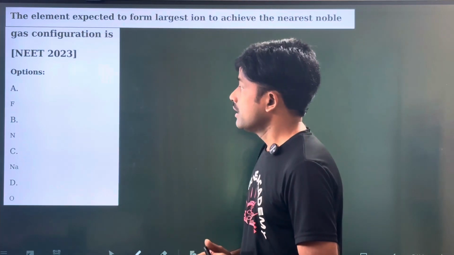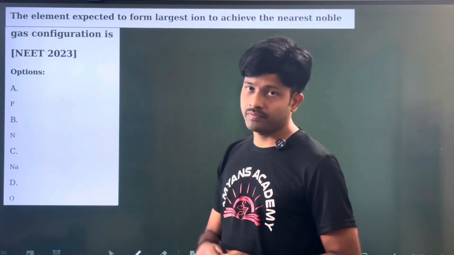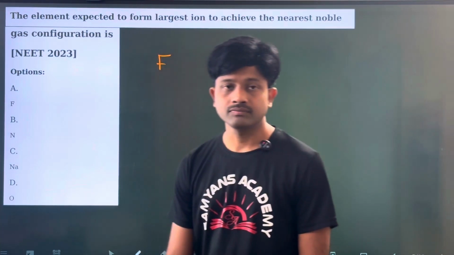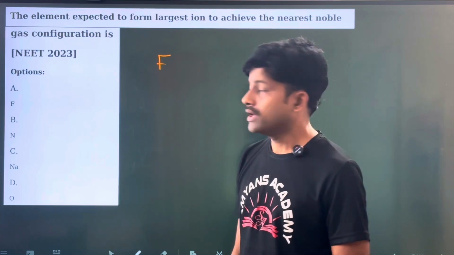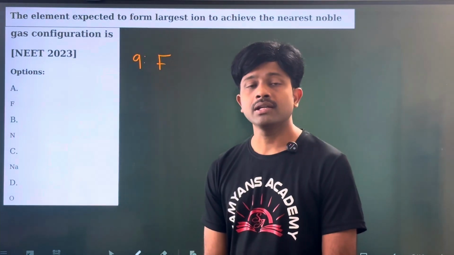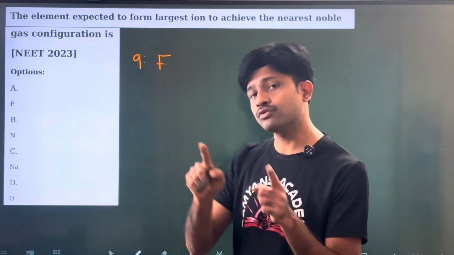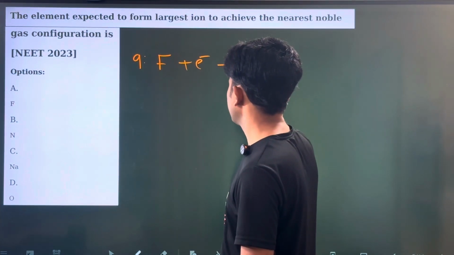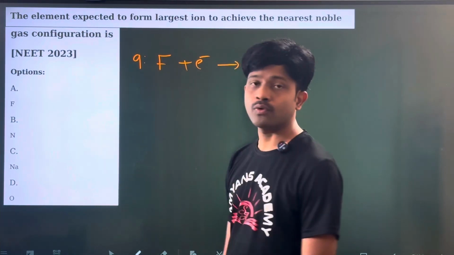To get the noble gas configuration, fluorine's nearest noble gas is neon. Fluorine's atomic number is 9. To get the neon electron configuration, it has to gain one electron, and now it forms the fluoride ion.